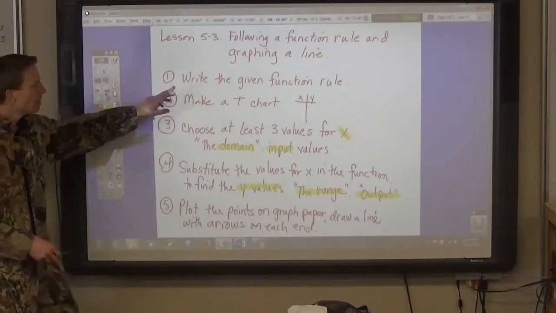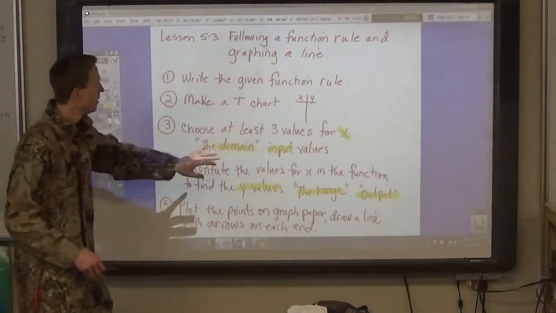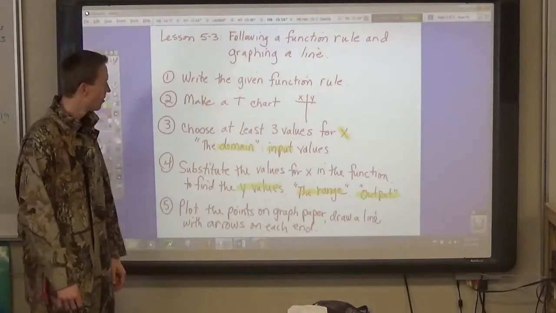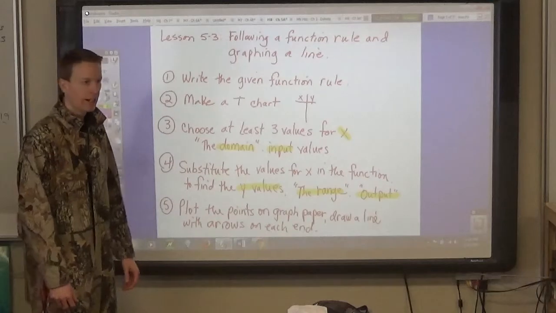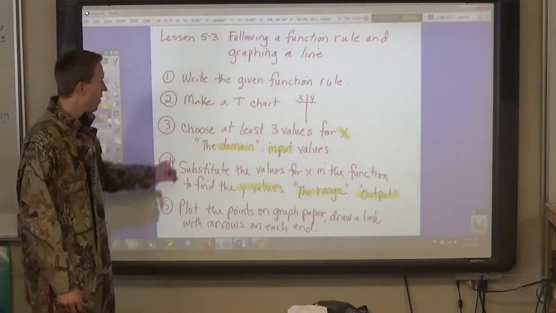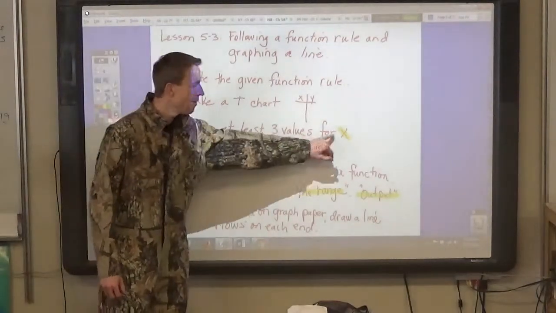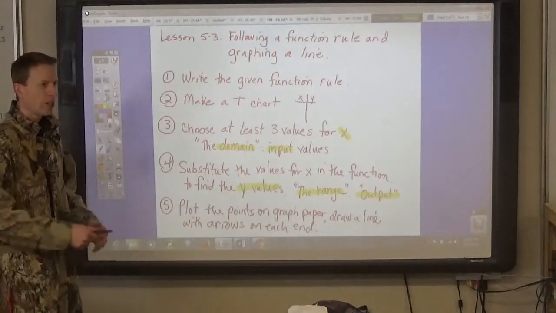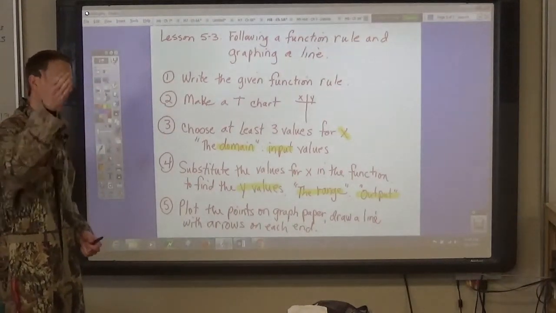You'll be given a function rule, and you'll have to make a t-chart. A t-chart is the x and y chart. Then you'll have to choose at least 3 values for x. I think it's important to choose 3, because that way you know that your numbers are lining up.